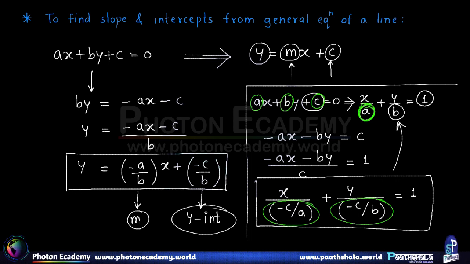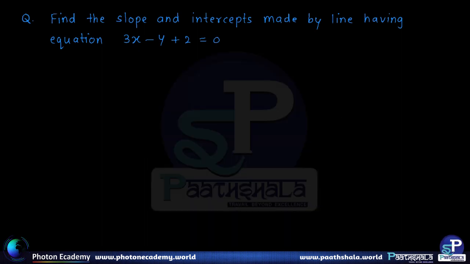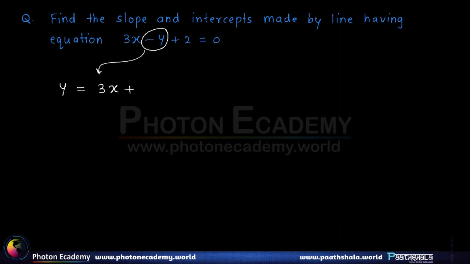Let's go ahead and solve an example based on this. Here we are given an equation of a line and we have to find the slope and intercepts made by the line. Let us first try to find the slope. Since minus y can be taken on the other side, we can write the equation as y is equal to 3x plus 2.